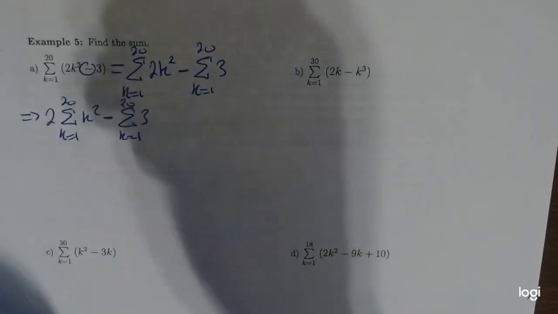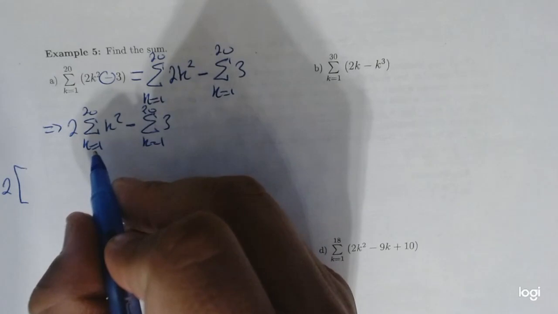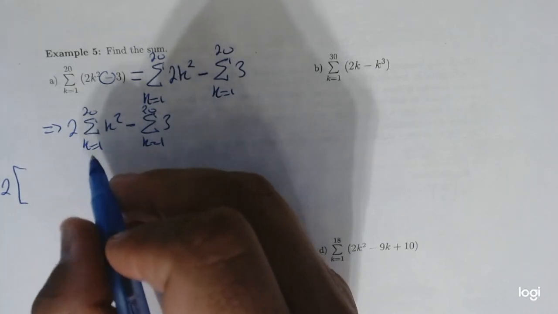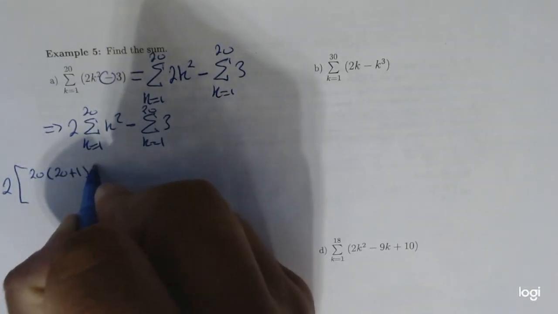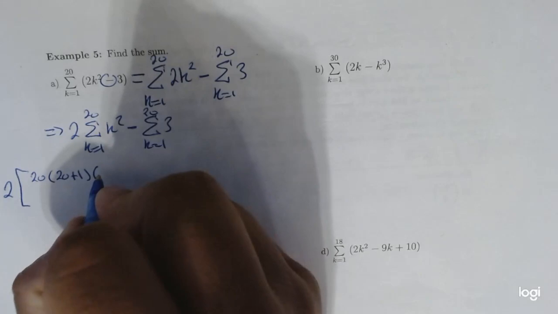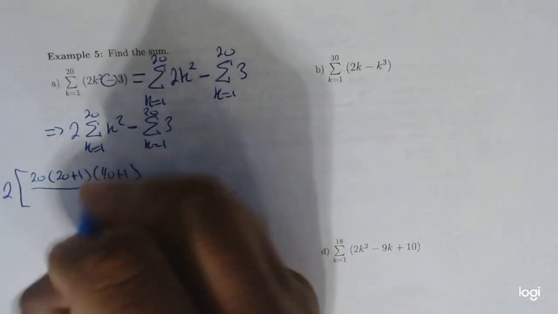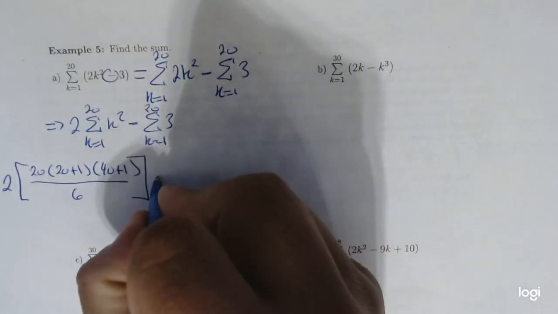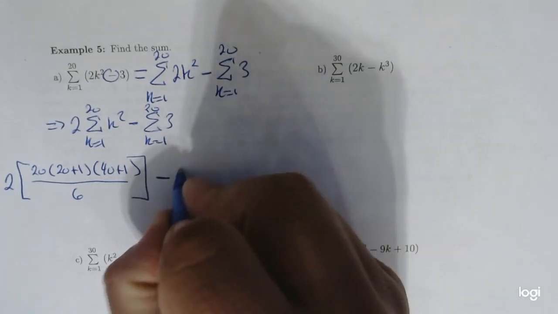So let's finish this up. It's going to be 2 times, looking at a formula sheet, the sum of k squared with n equals 20: 20 times 20 plus 1 times 2n plus 1, so 20 times 2 is 40 plus 1, all over 6. Again, that 2 is there because it's represented at 2. Minus, over here, 3 times 20.